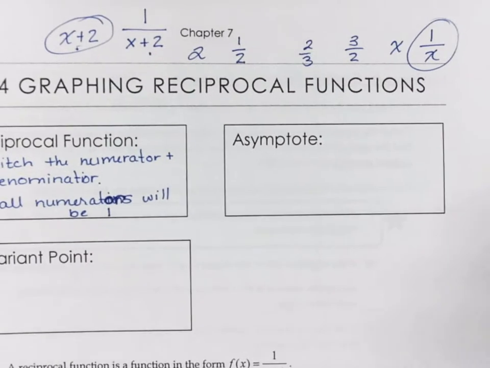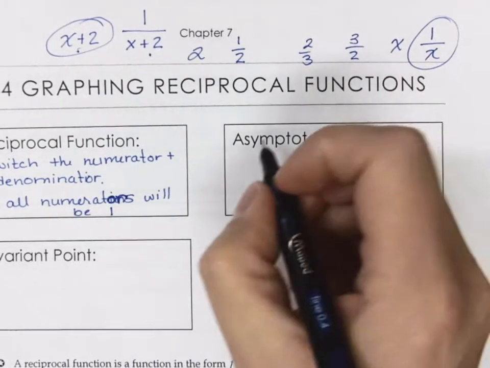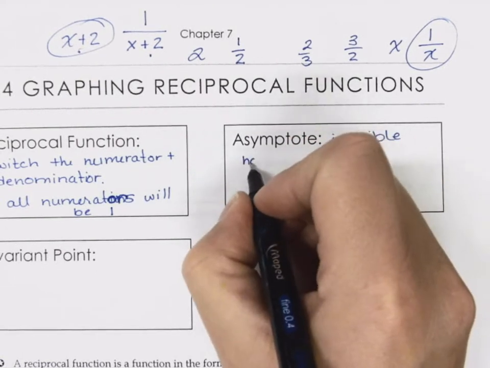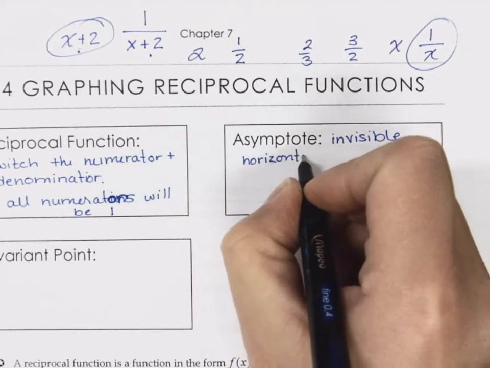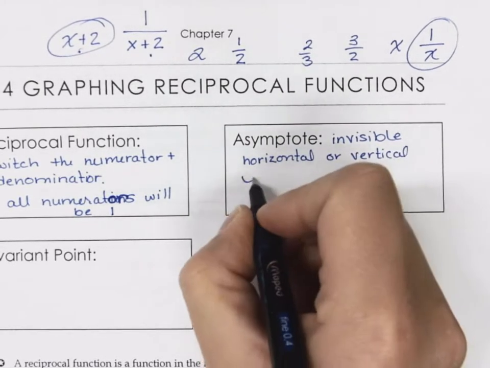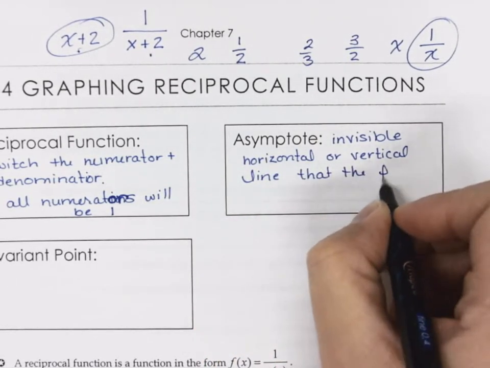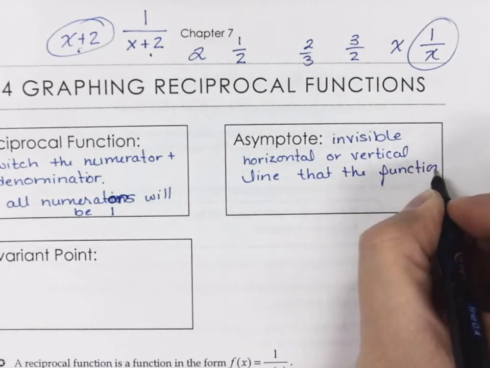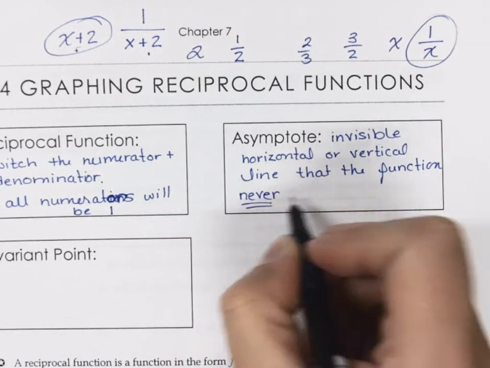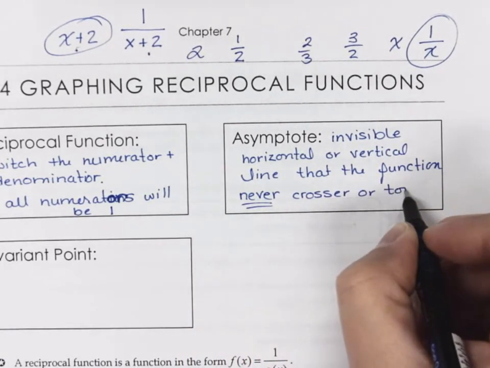Okay, an asymptote. An asymptote is an invisible horizontal or vertical line that the function never crosses or touches.